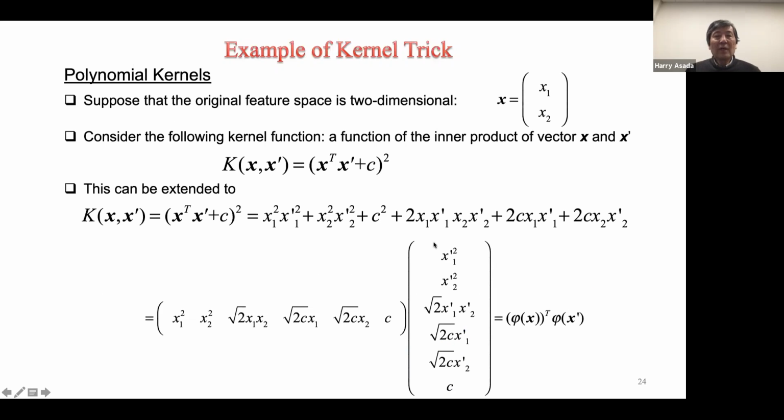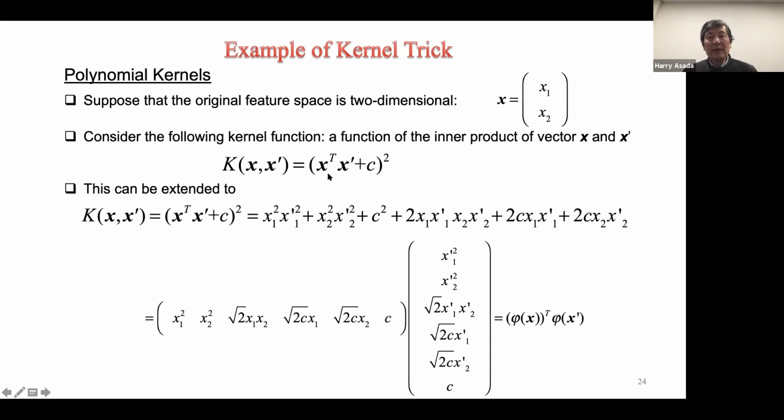This is an example of a kernel trick. Let's think about the simple two-dimensional vector x1 and x2. The first example is this type of function.